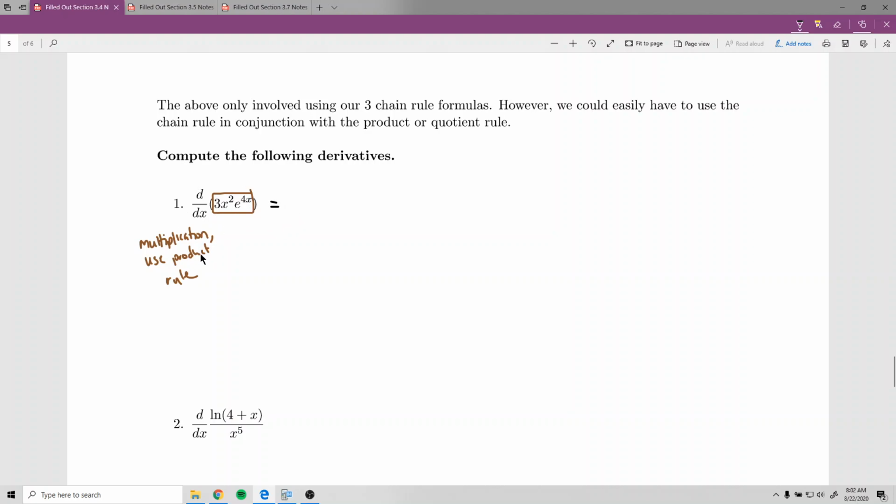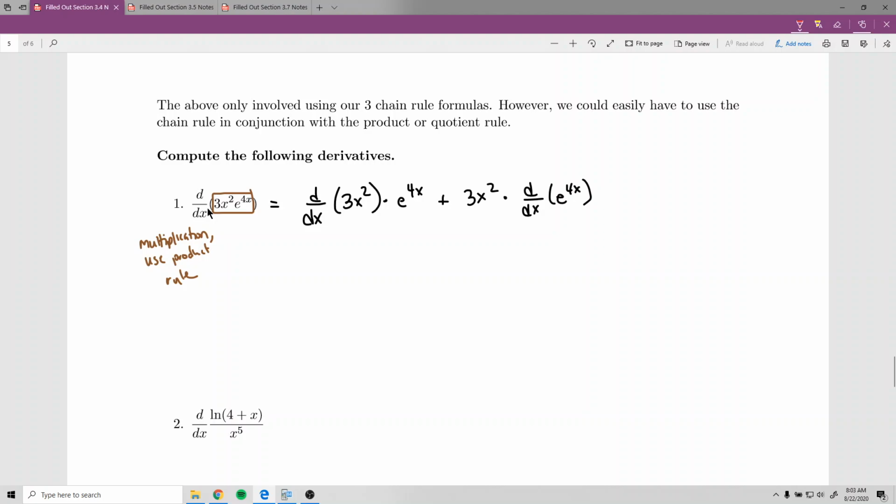Right, so remember the product rule is the derivative of the first, which is 3x squared, times the second, which is e to the 4x, plus the first, which is 3x squared, times the derivative of the second, e to the 4x.